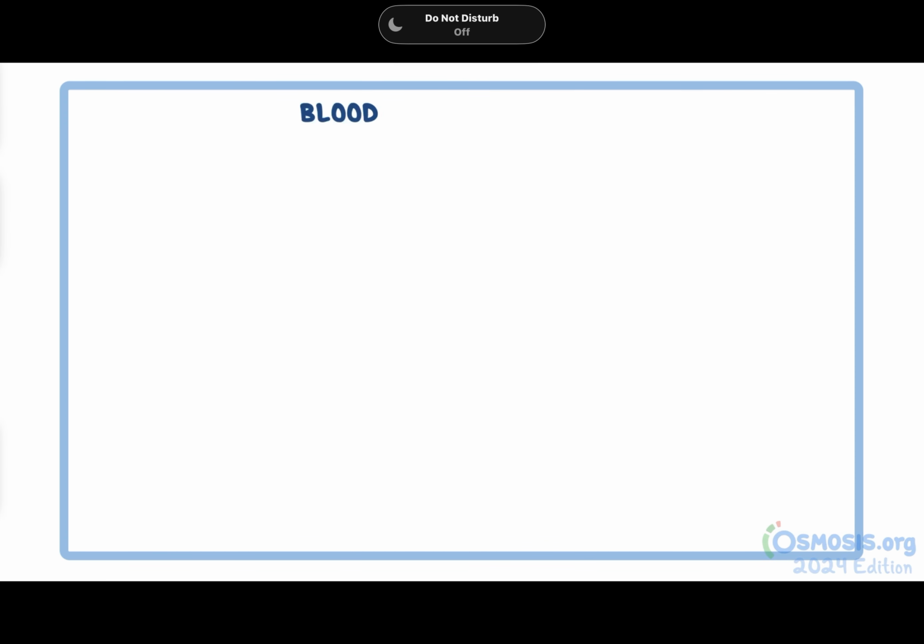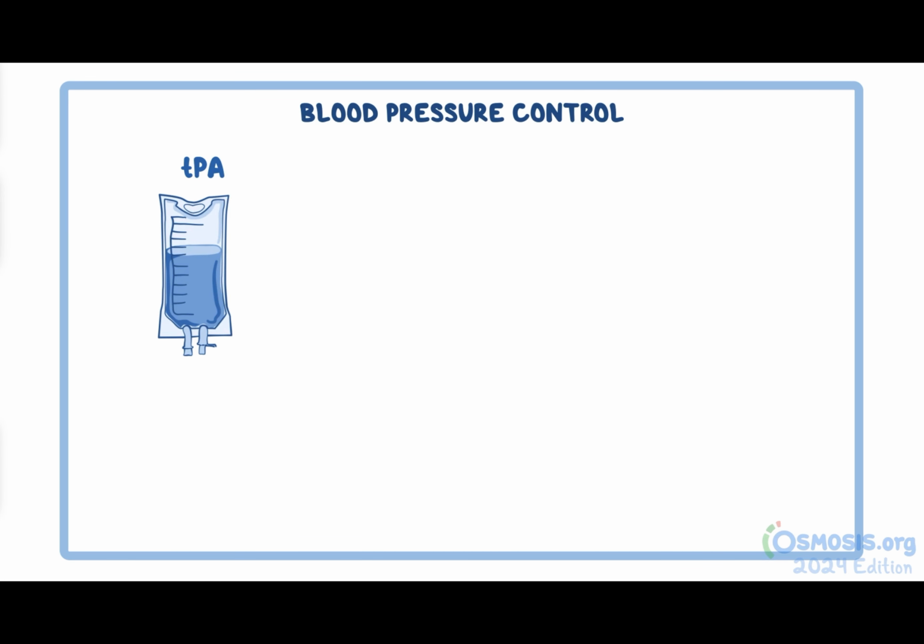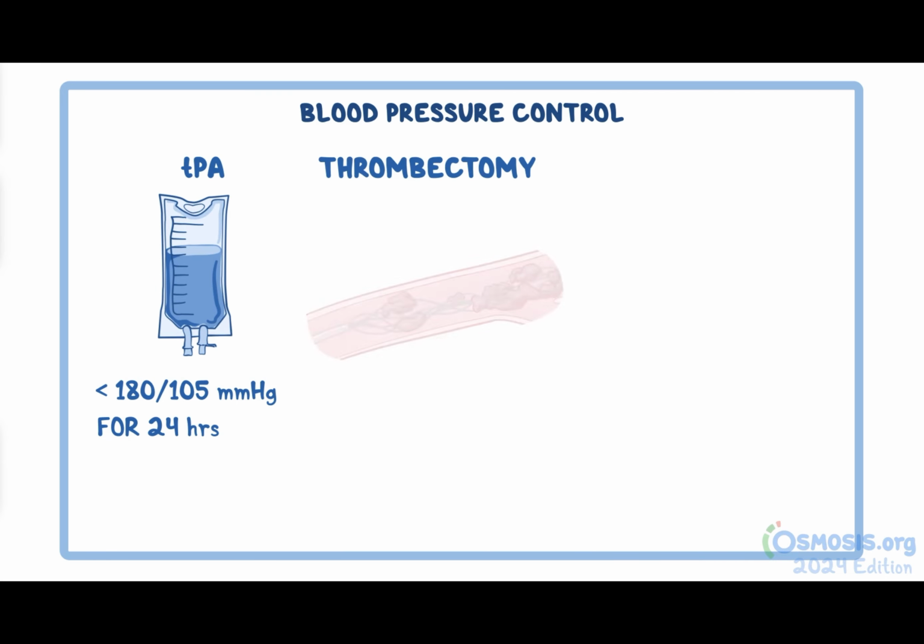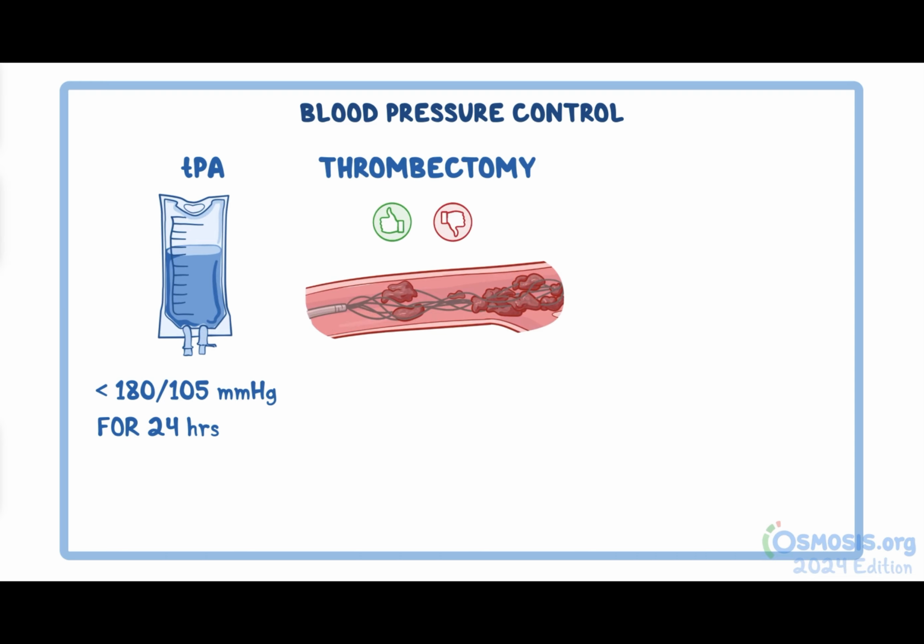Next, proceed with blood pressure control. If the patient received TPA, maintain the blood pressure below 180 over 105 millimeters of mercury for 24 hours. However, if the patient underwent a thrombectomy, the blood pressure goal would depend on how successful the procedure was.